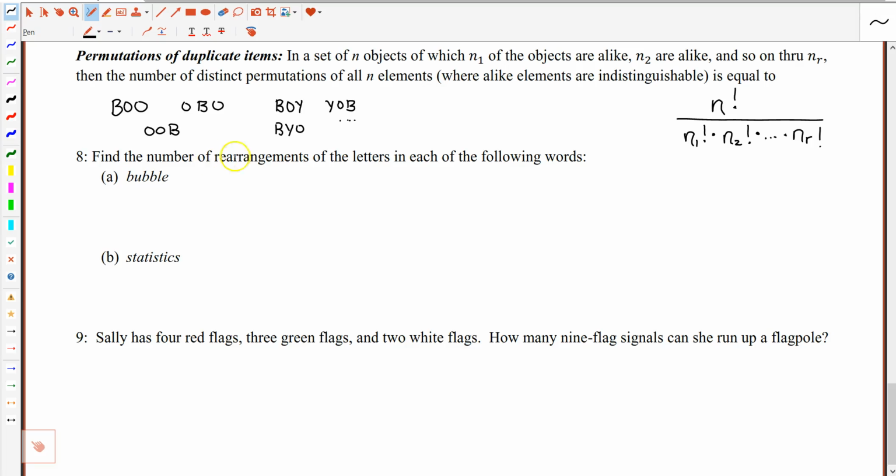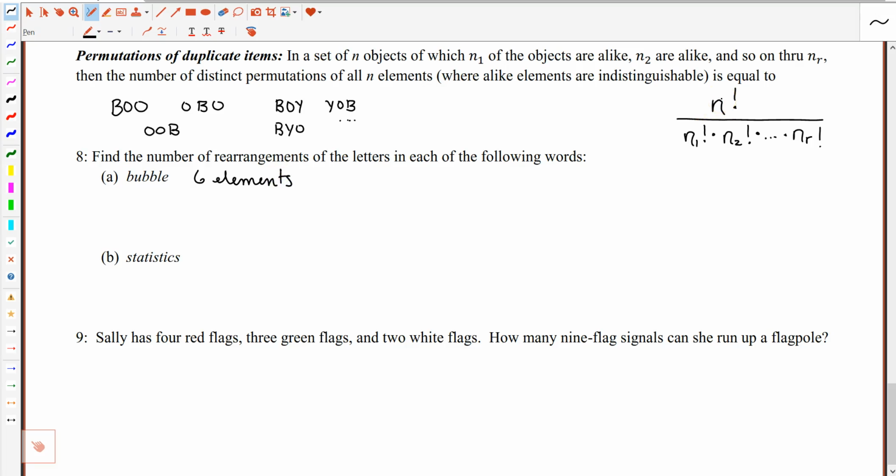Find the number of rearrangements of the letters in the word bubble. When I rearrange it, I don't care if it's a valid word. I'm just looking to rearrange the elements. In the word bubble, I have 6 elements total, so that's what n stands for.